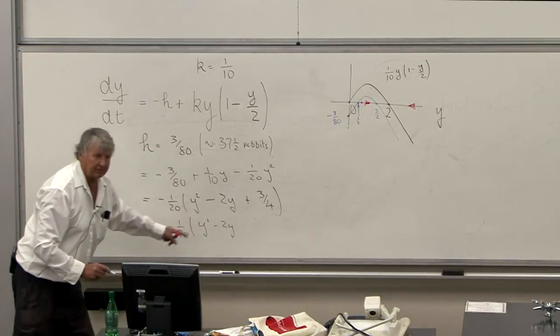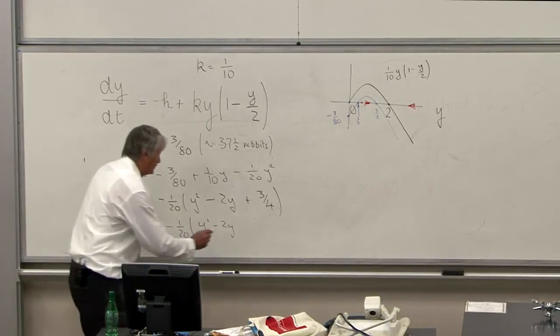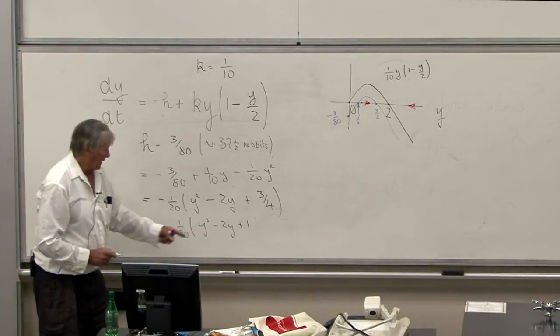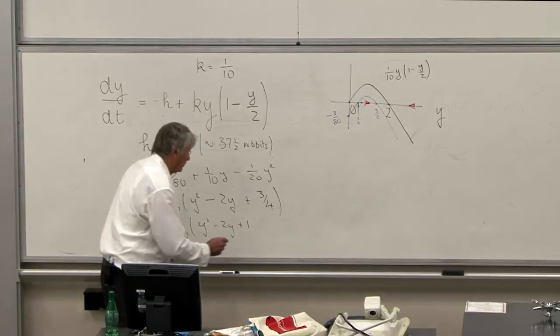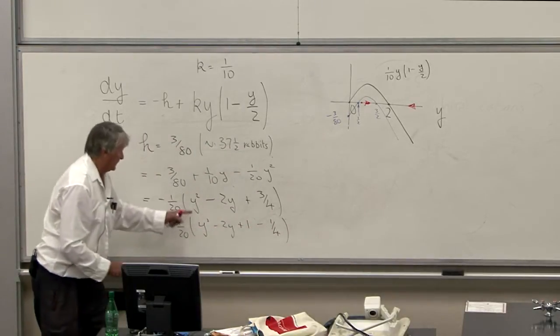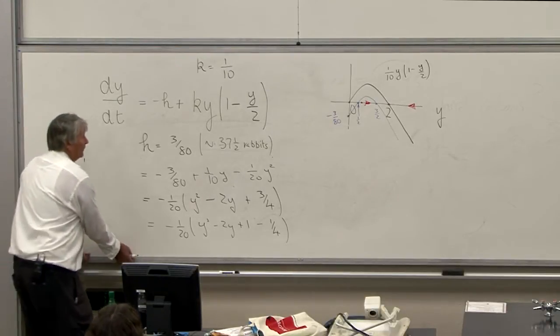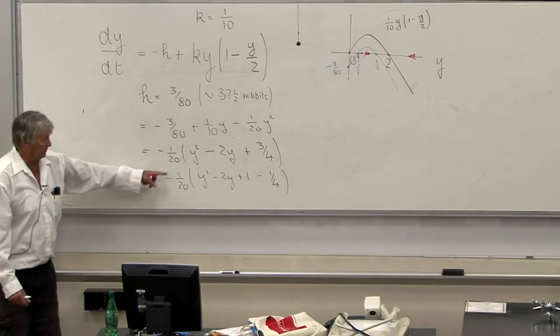To make this a perfect square, I should add 1, because then it would be y minus 1 all squared. So plus 1. But if I add 1, I have to subtract 1, and combining that with the 3/4 will give you minus 1/4. So this is exactly the same expression as the line above.